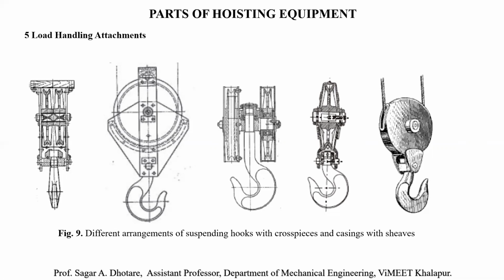The common method of lifting a unit by hoisting equipment is to sling the load by chain or rope and suspend it from the hook of the hoisting equipment to facilitate handling of the load by hook.